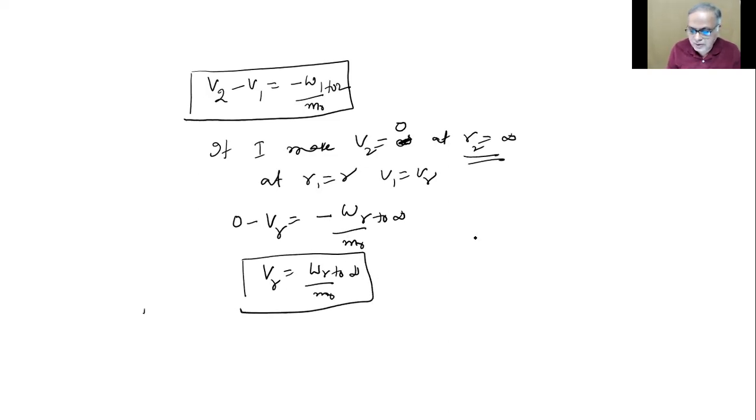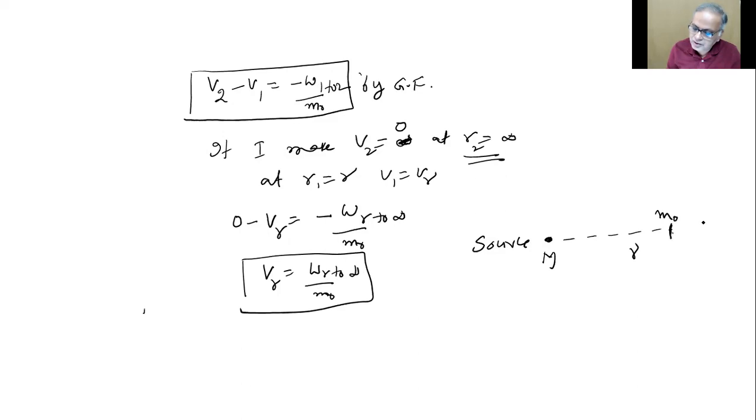So there may be a source of gravitational field, some point mass m. At a distance r from it, we define potential this way. If this mass m naught is here, the work done to move it from r to infinity, work done by the gravitational field, of course, because this W is by the gravitational field.